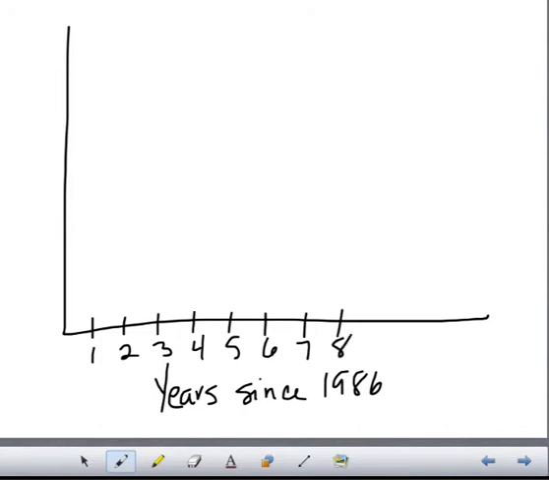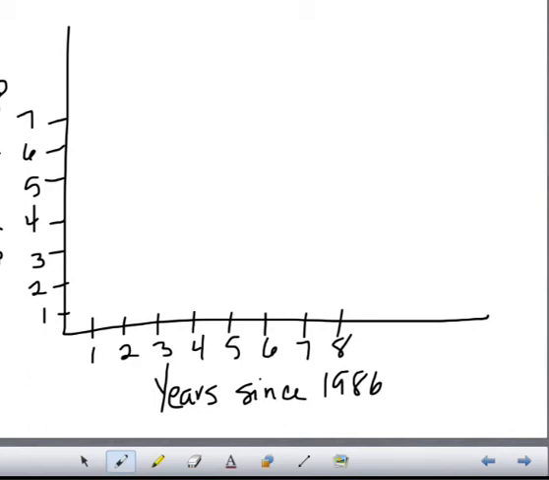All right, going up on my side is going to be what? It's going to be the money in millions. All right, and we can just count by, we'll say 1 million, 2 million, 3 million, 4 million, 5 million, 6 million, and so on.